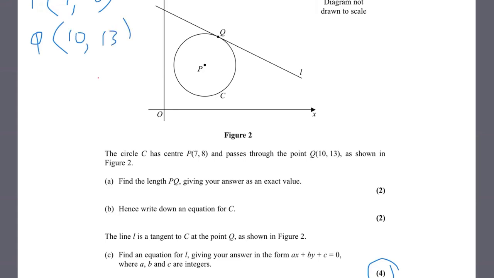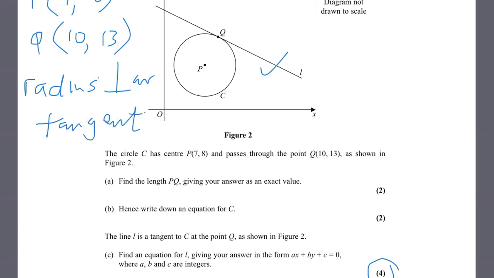So if I want to find the equation of the tangent, we said the other time that a radius is always perpendicular to a tangent at the point of contact, which means the radius, from P to Q, and the tangent are perpendicular to each other. Is that okay? Yeah.